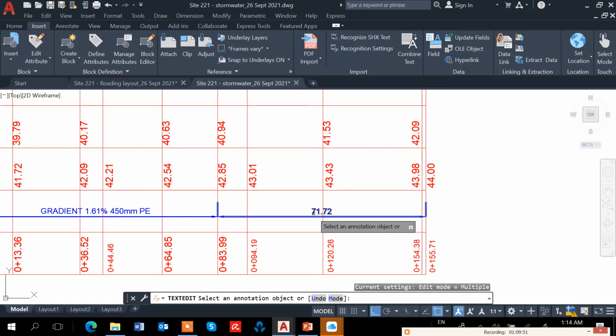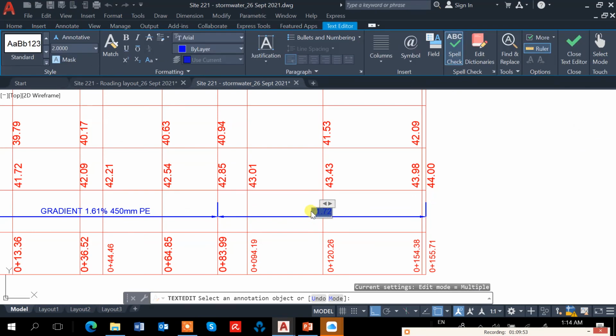And this one is gradient 1.61%, and this is 375 mm UPVC.